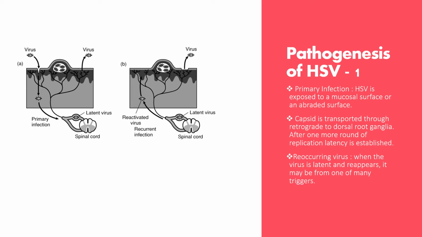A lot of people get cold sores when they're extremely mentally stressed out and exhausted. I know that tends to happen a lot. And here you can see this one is the primary infection, and this is if someone already has it and it lays dormant and is reactivated. So this is the primary infection, and then this is the reactivated one.